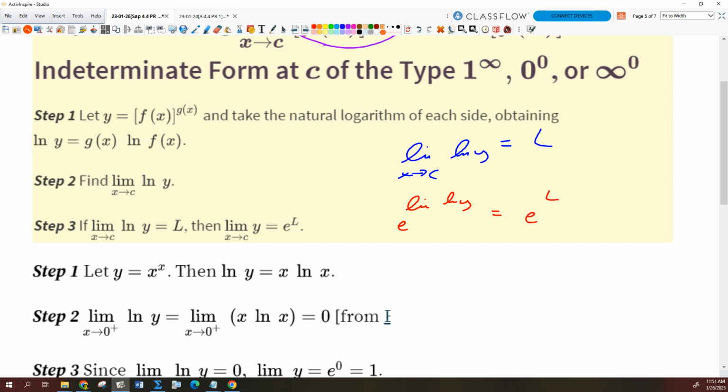And e to the limit of log y is the same thing as the limit of e to the log y, which is just y. So we just solve for y. These are interchangeable by our properties of logs.